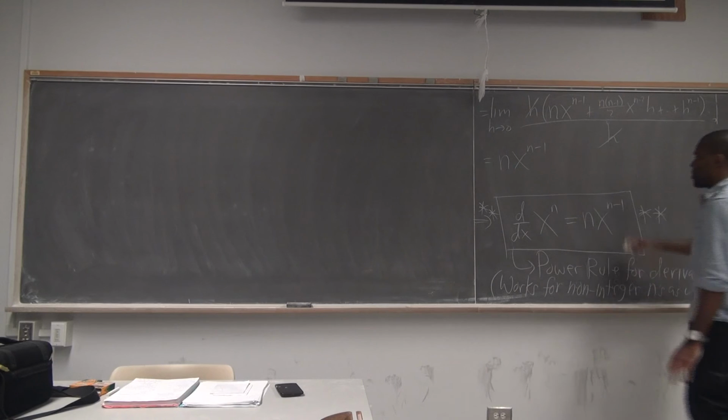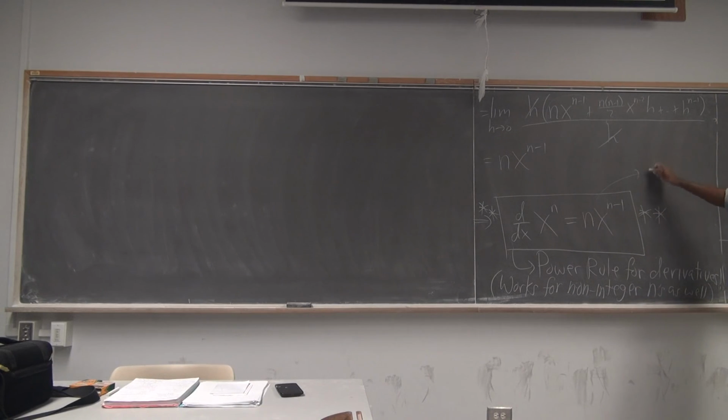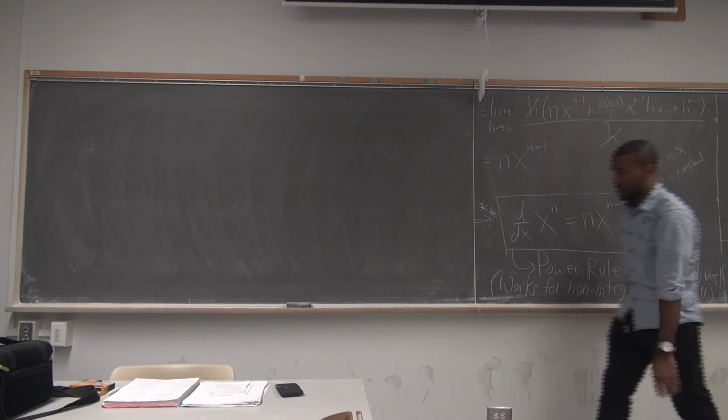Right, so remember the form here. What you really need to remember, base is x, n is a constant, any constant. If that is the case, that's the derivative.